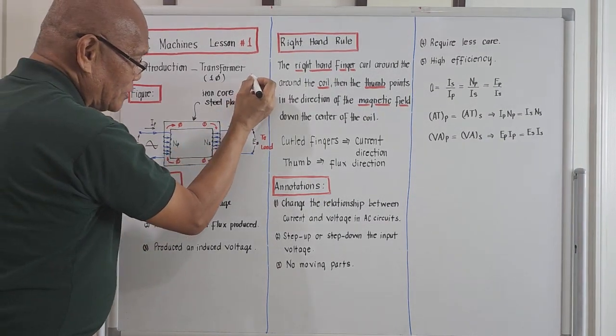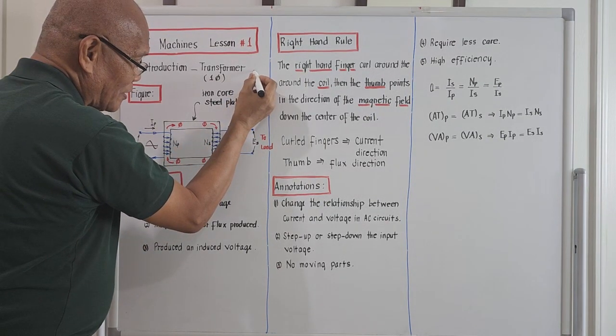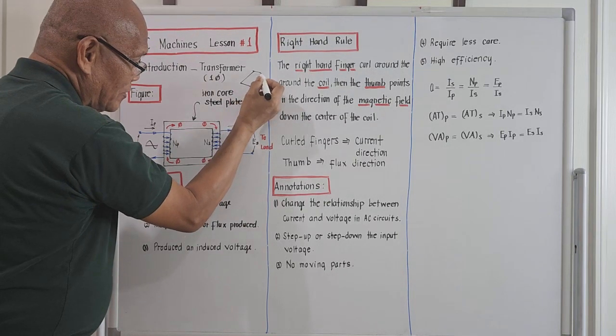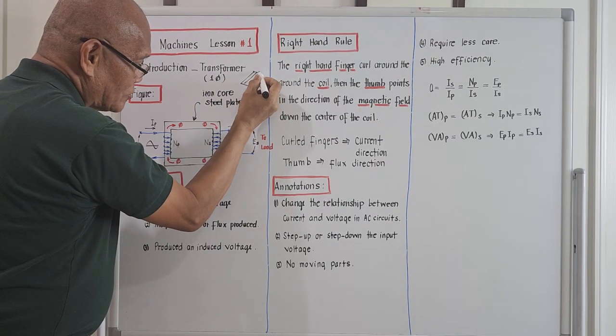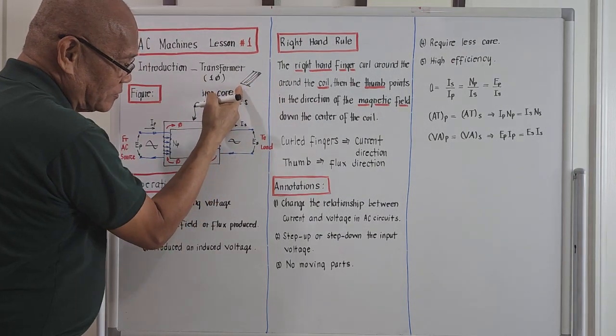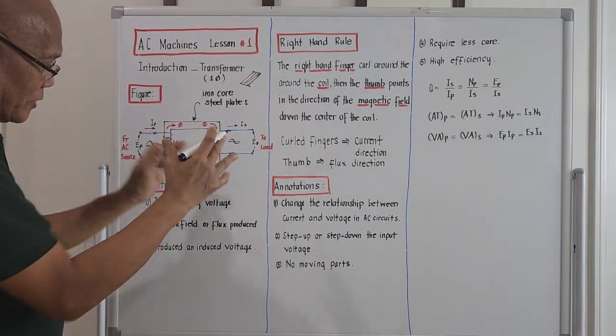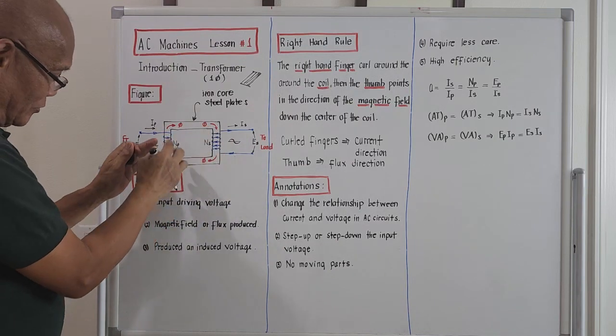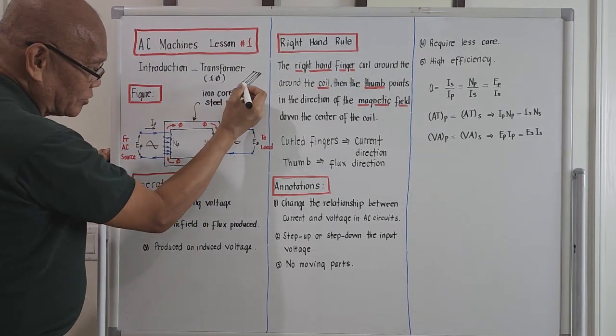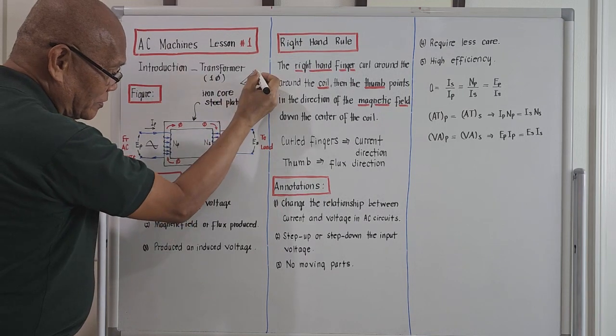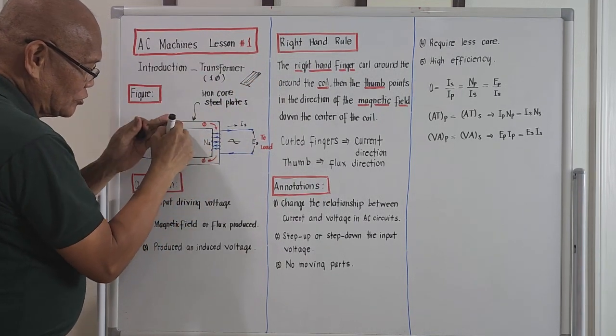The side view of this, or the isometric view, will be something like this. It will be slices of steel plates like that. That's the isometric view. I'm just showing the frontal view, right? So this core here consists of many strips of steel plates. This should be the formation.